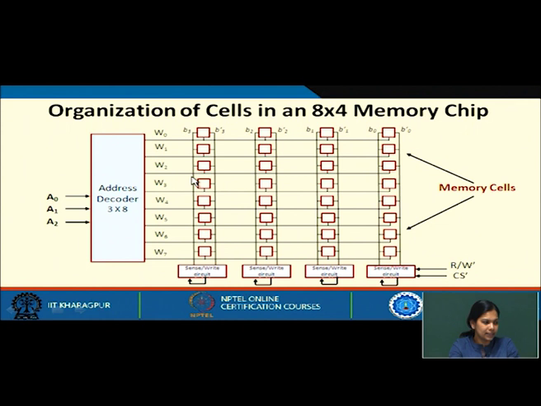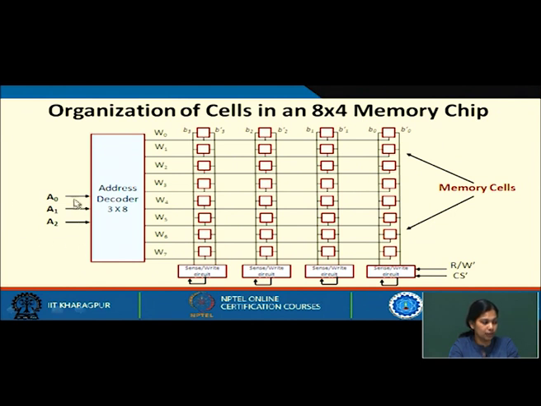Once you select a particular row, all these bits will be transferred to the data lines through the sense/write circuit. There are 4 bits, so there will be 4 data lines through which this data will go. So, those are 4 more external signals that are required here.